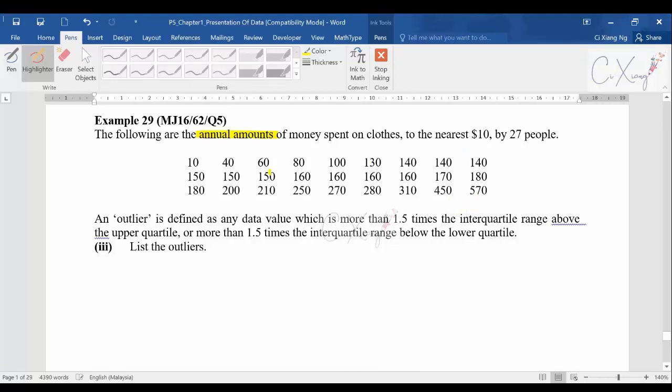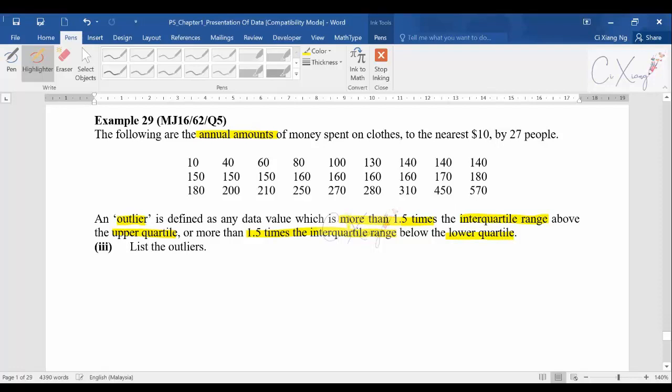So these are the spendings of 27 people on clothes for a year. An outlier is defined as any data value which is more than 1.5 times the interquartile range above the upper quartile, or more than 1.5 times the interquartile range below the lower quartile.